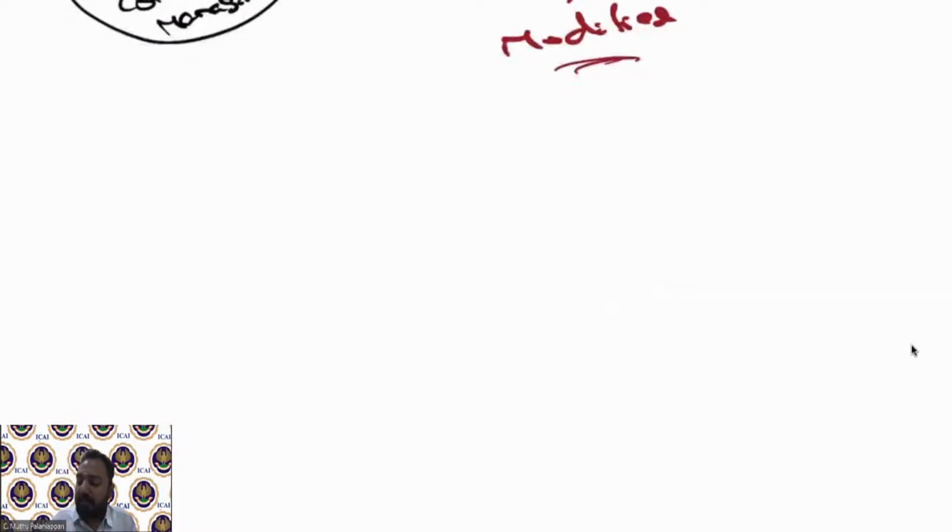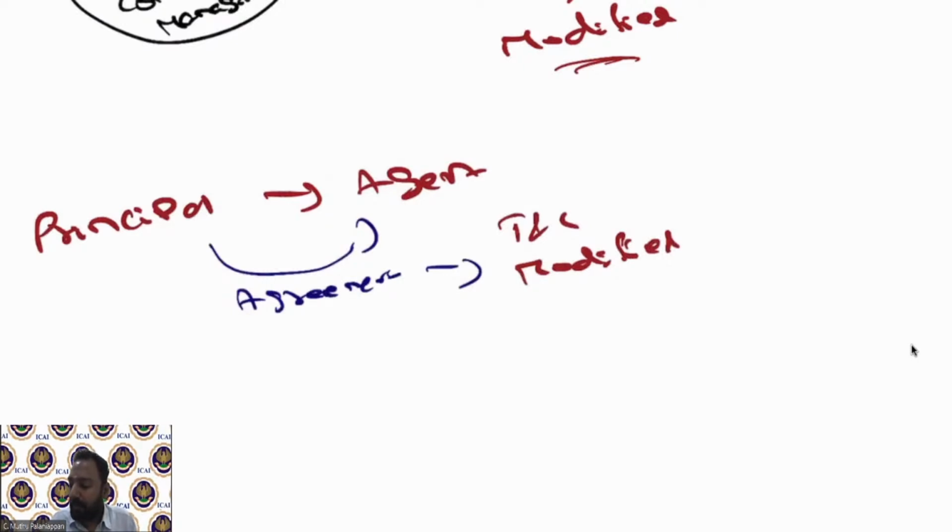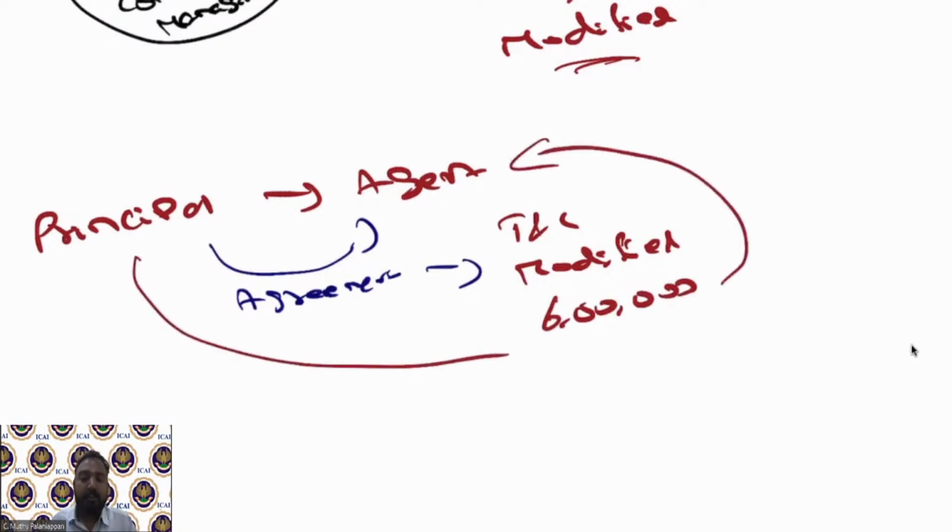In our example, let's take principal and agent. Now they have an agreement. The terms and conditions of this agreement are modified, for which 6 lakhs is paid by principal to agent.